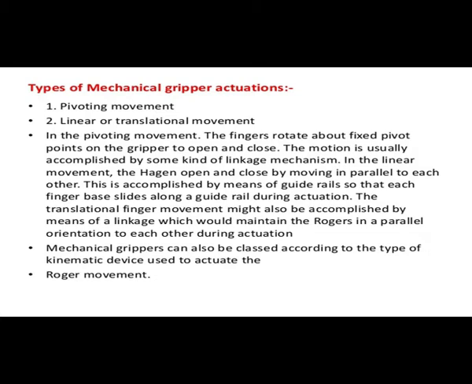This is accomplished by means of guide rails, so that each finger base slides along a guide rail during action. The translational finger movement might also be accomplished by means of linkage, which would maintain the fingers in a parallel orientation to each other during actuation.